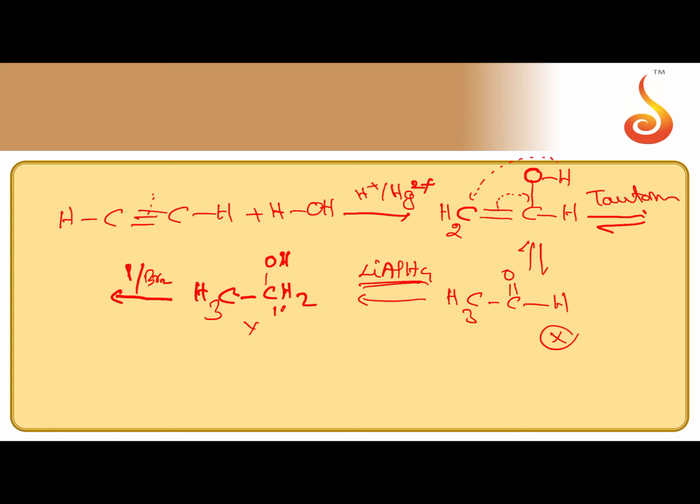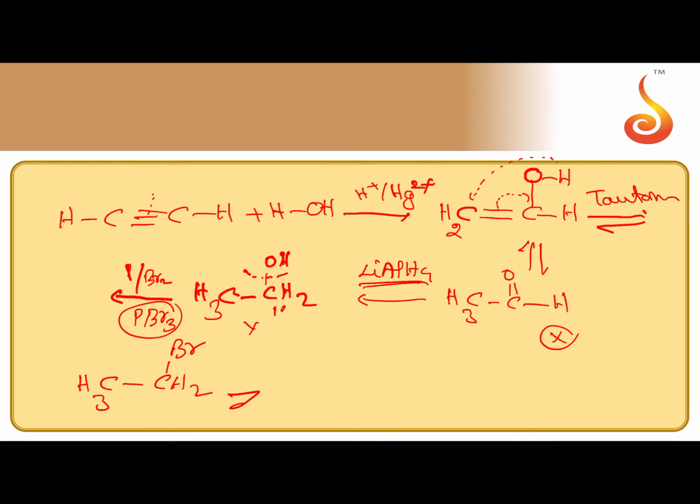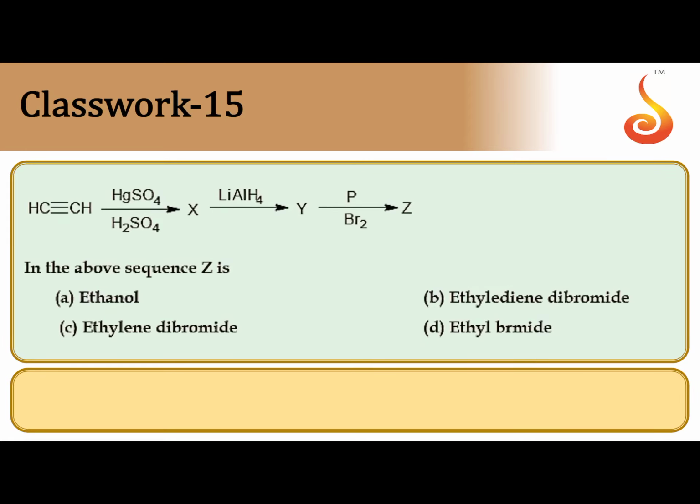Red phosphorus plus bromine provides PBr3. With PBr3, bromine replaces OH. Then we can get ethyl bromide. Nice. That is Z. So Z is nothing but ethyl bromide. Correct answer is D.